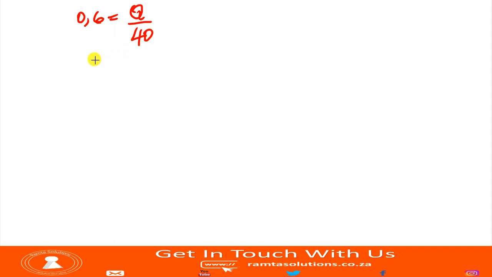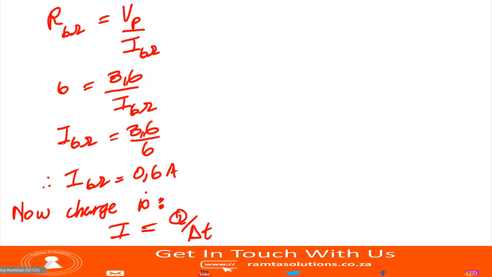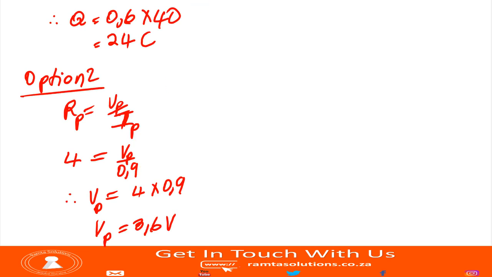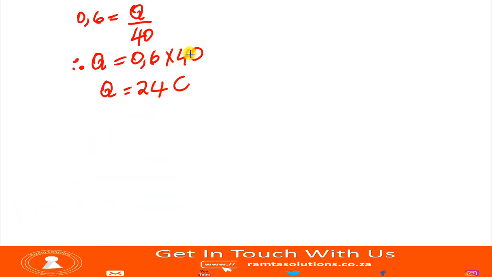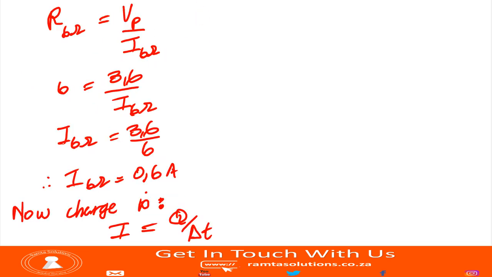So this will be 24, like we said. Therefore, Q is 24 coulombs. Isn't that what we did earlier? Indeed, it is. It is 24 coulombs. And this is how we solve it.